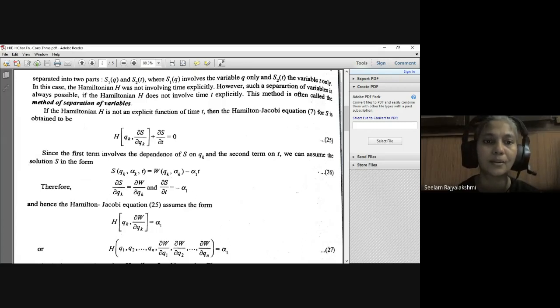Hence the Hamilton-Jacobi equation 25 assumes the form H of qk, dou omega by dou qk, with dou S by dou t equal to minus alpha 1. Taking this to the right-hand side, we obtain alpha 1. We can write qk as q1, q2, and so on up to qn, and dou omega by dou qk as dou omega by dou q1, dou omega by dou q2, and so on up to dou omega by dou qn, which equals alpha 1.